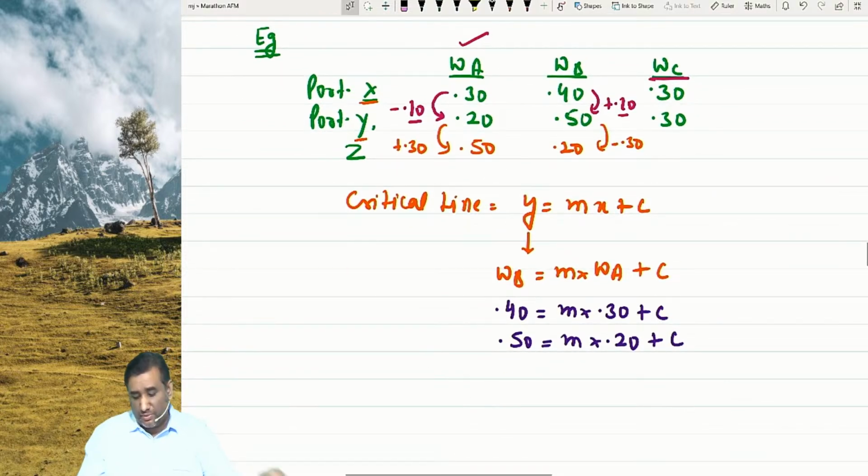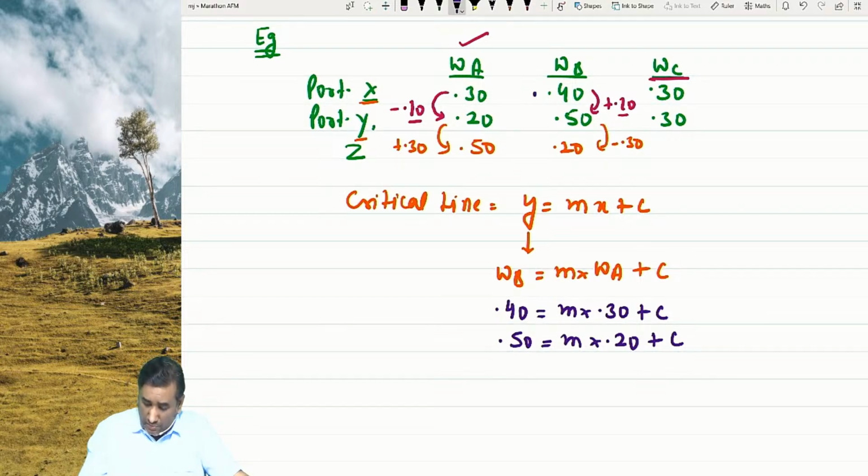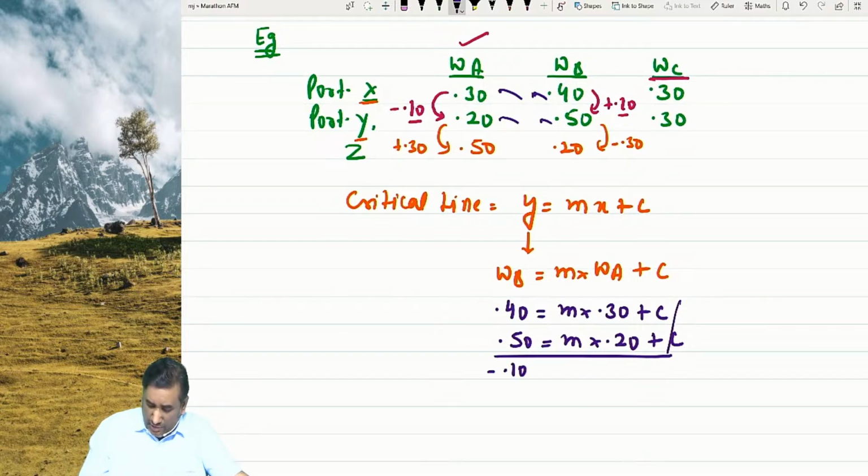Solve it and tell me what comes out. It's 0.4, 0.3, 0.5, 0.2 into M and C. When we solve, this gets cancelled. It is minus 0.1. This is plus 0.1 M. So for M, what comes? M comes minus 1.